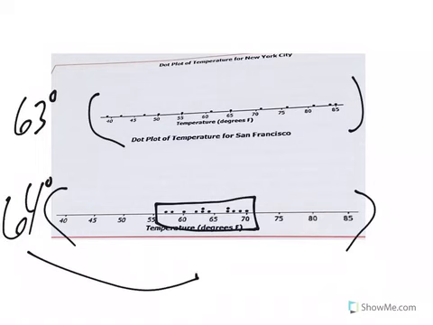So in this case, the average is an accurate way to represent the data from San Francisco, because 64 is about where most of the data would fall, right, if we balance that out. But in New York, our average is 63, which is right here, and we have a bunch of data really far away from it on the right and a bunch of data really far away from it on the left.